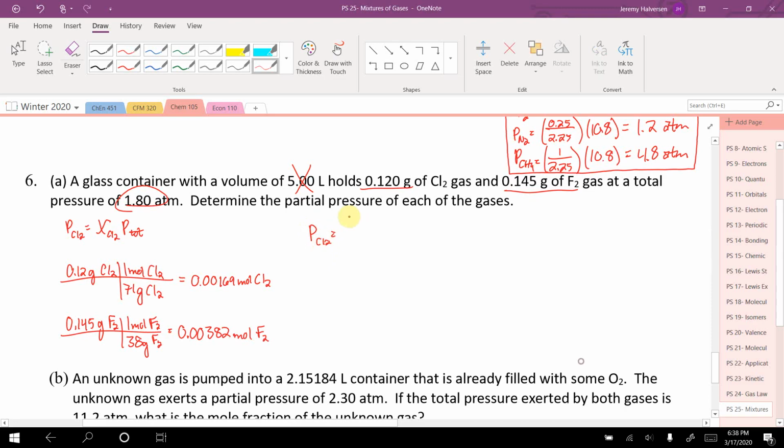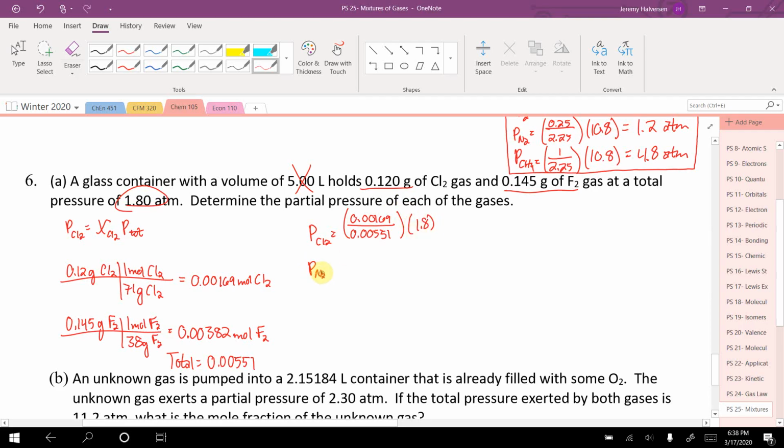All right, so I want to find the pressure of Cl2. Need my mole fraction. Let's find total here first. Just these two added together, 0.00169 plus 0.00382, which is 0.00551. Pressure of Cl2 is going to be the moles of Cl2 divided by total moles, that's my mole fraction of Cl2, times the total pressure, which is 1.8.